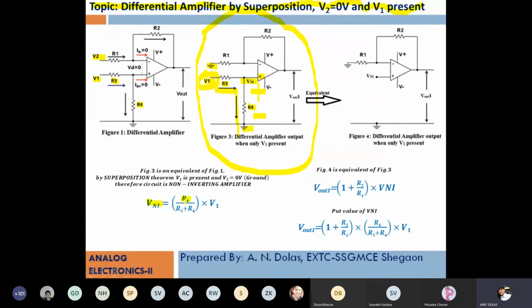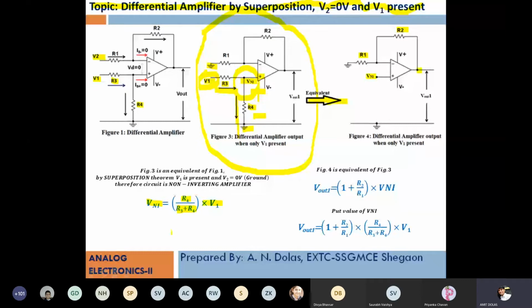In this way, we can calculate the voltage at the non-inverting terminal, VNI, which is R4 by R3 plus R4 multiplied by V1.